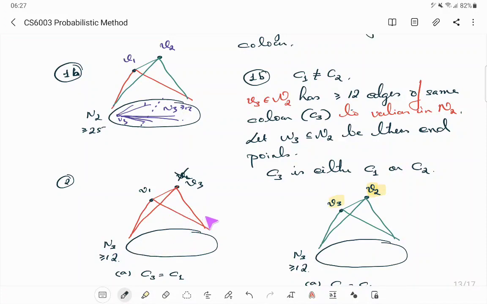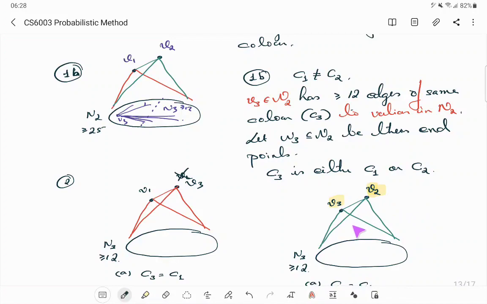In the other case, if in the third iteration the dominant color was green, which means V3 to N3 edges were all green and N3 is at least 12, then you forget about V1, but pick V2 and V3 together, and then you see a green structure like this.